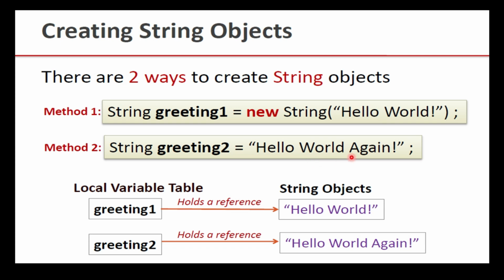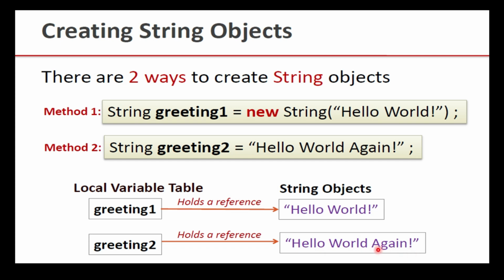So two strings will be declared: one is greeting1, the other one is greeting2. See the values we have stored in the variables. greeting1 has hello world, and greeting2 has hello world again.